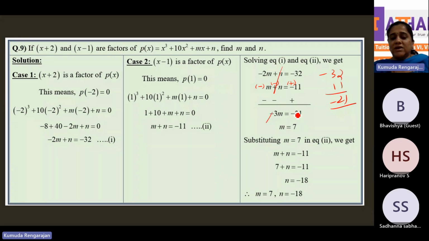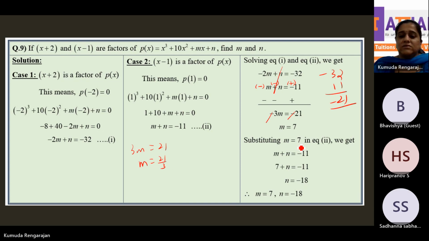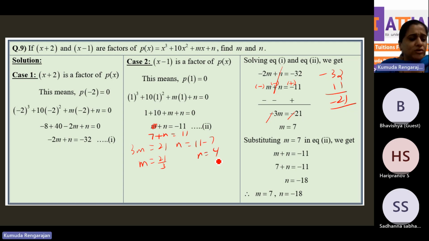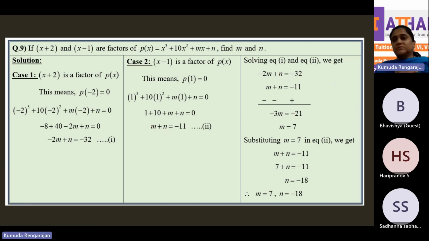Minus and minus will get cancelled. 3m is equal to 21. m is equal to 21 by 3, m is 7. Then you must substitute. In the equation, substituting m as 7, 7 plus n is equal to 11. n is equal to 11 minus 7. n is equal to 4. You can substitute in any equation, the first one or the second one.